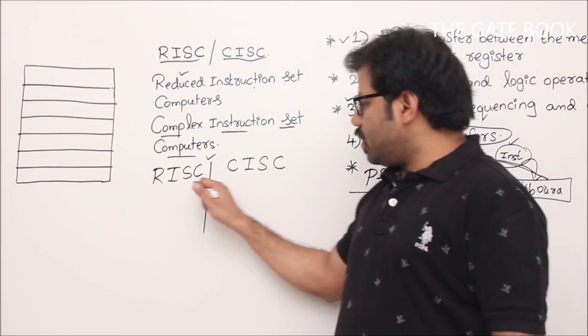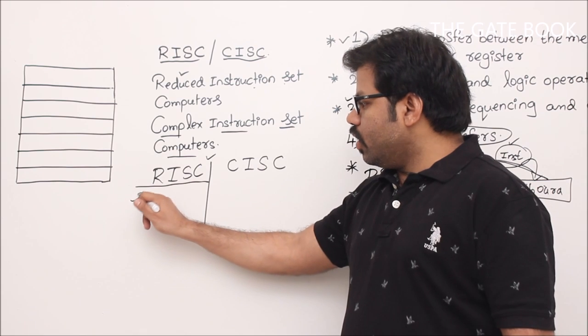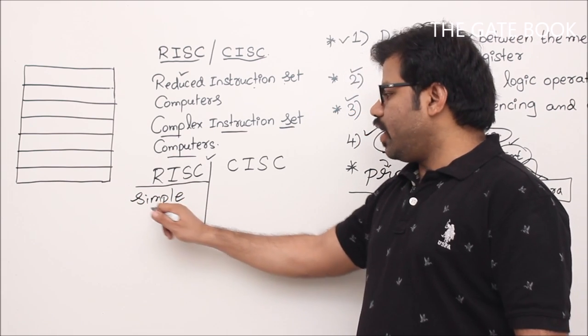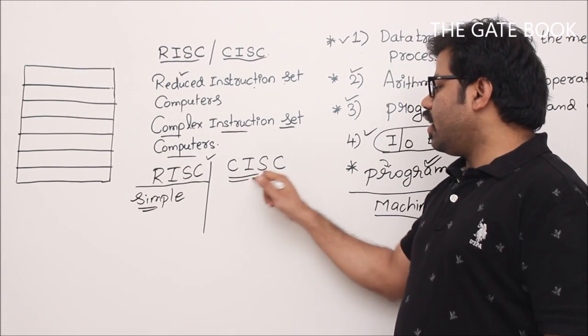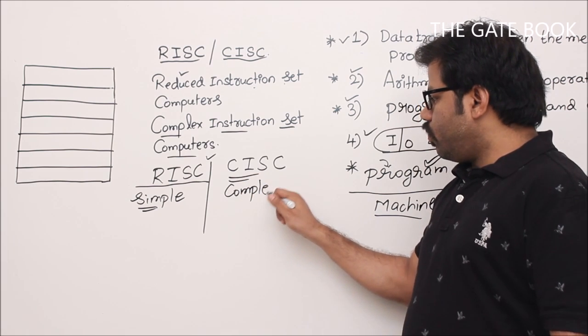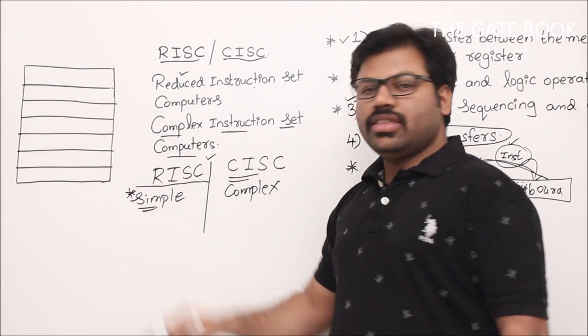A RISC machine is a machine whose instructions are generally, in one line I will tell you, very simple. We will see more details. Generally in CISC, the instruction set is a little bit complex. Sir, what does it mean? What does simple instruction set mean?